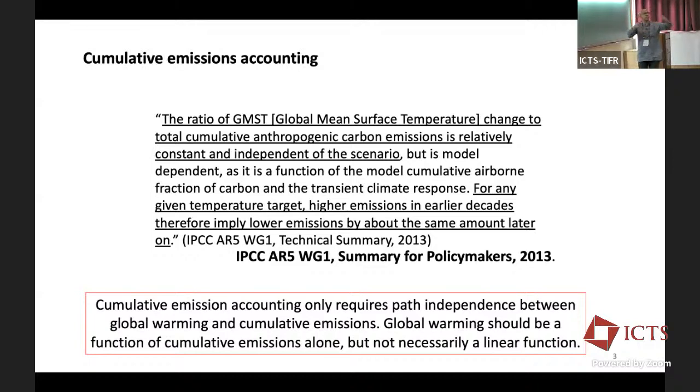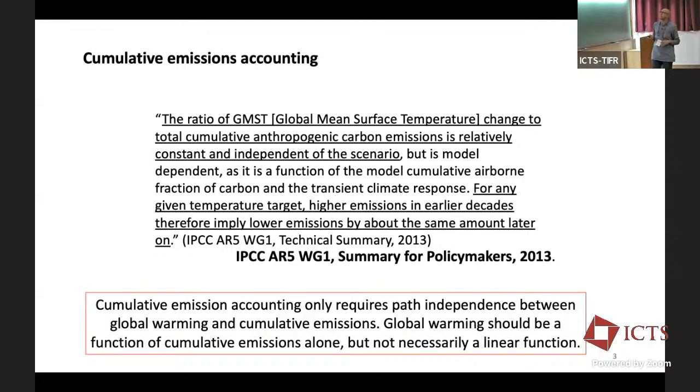So differences in the airborne fraction of cumulative carbon dioxide across models. And the last is the statement about the implications for carbon budgets. For any given temperature target in a given model, you can work backwards and find out the cumulative emissions budget. And this implies that higher emissions early on, to stay within that cumulative budget, requires lesser emissions later.